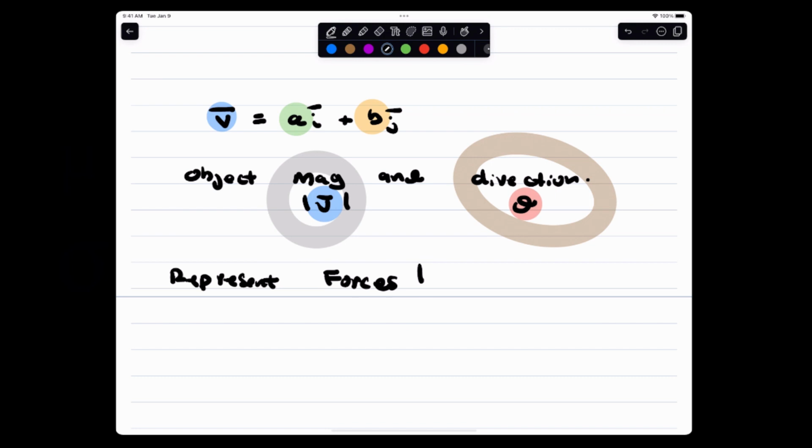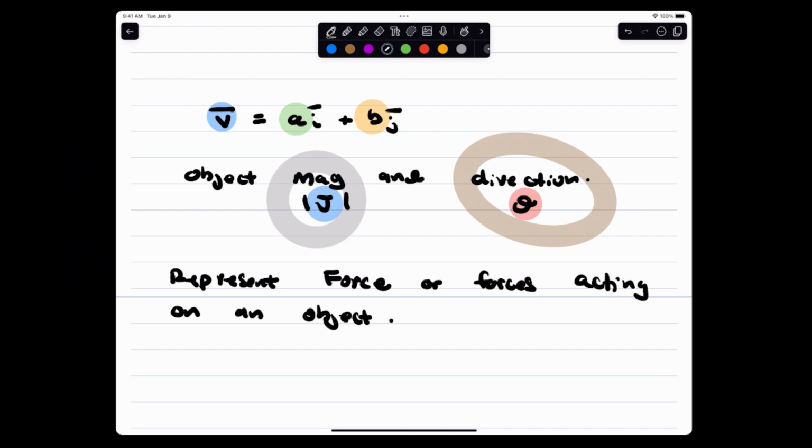They represent force, generally speaking, or if you have more than one, forces acting on an object. So very often, these vectors represent force acting on an object.